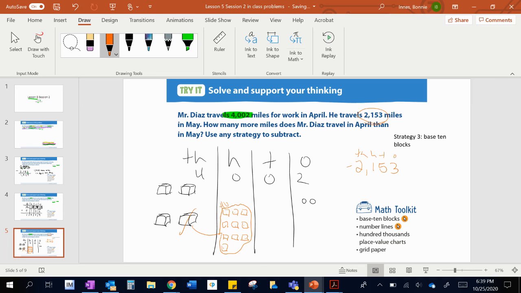Okay. Is that helping me? Not quite yet. I need to take away 1 and put it over here. So this becomes 9. Now I'm going to break that flat up into 10 sticks here. This is plus 10.